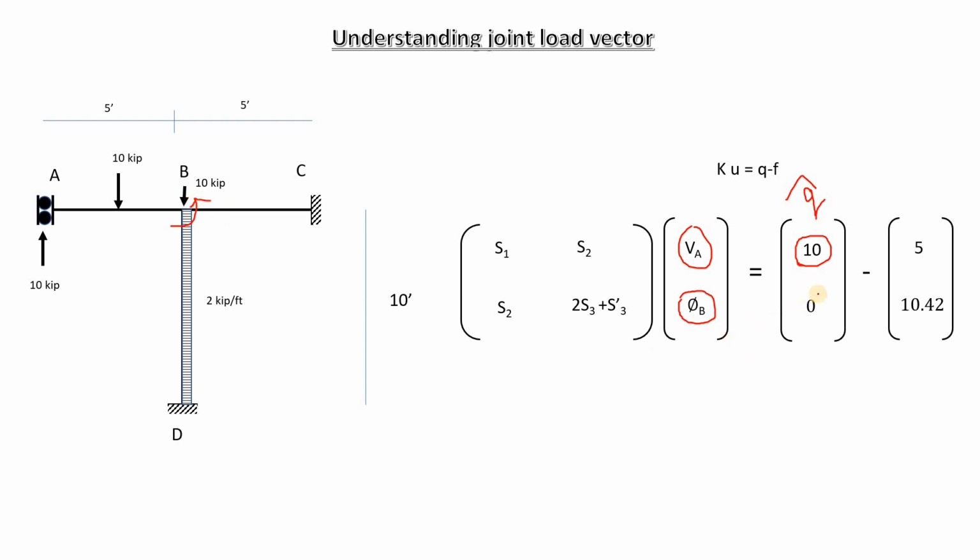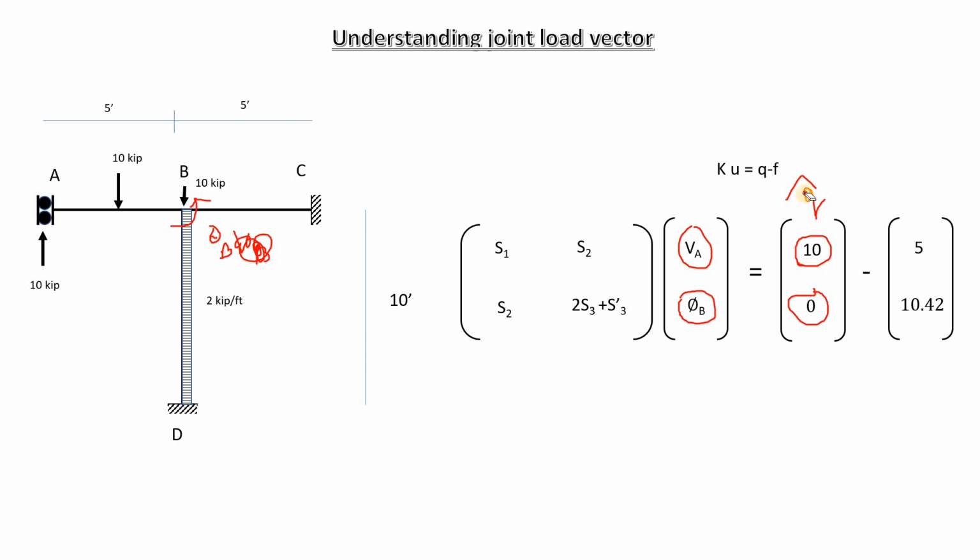That is why the Q factor here remains 0. This 10 kP is a vertical force, so if at B there was a vertical unknown, say VB, then this 10 kP would have appeared here. But since the unknown is theta B, only moment can appear there, because moment is associated with rotation.